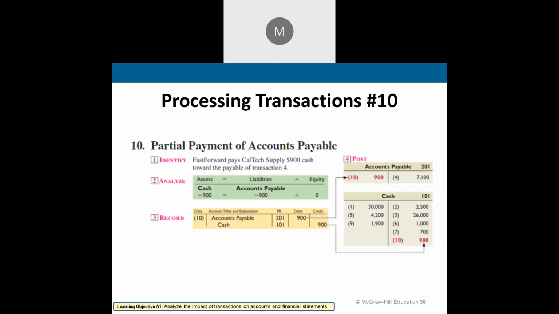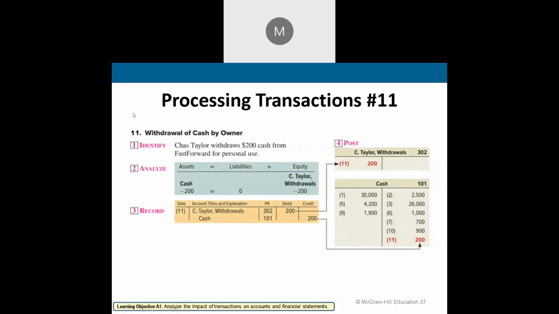We debit accounts payable to reduce our accounts payable for that vendor. Okay. Debit accounts payable, $900. Credit cash, $900 to reduce the cash. Oh, thank goodness it got more clear. I can see this one more clearly.